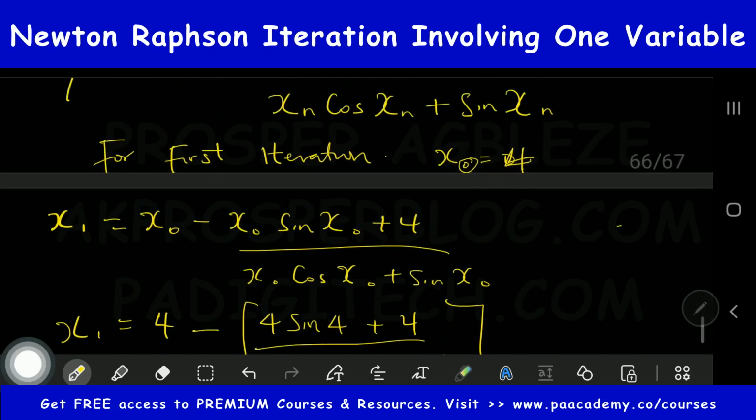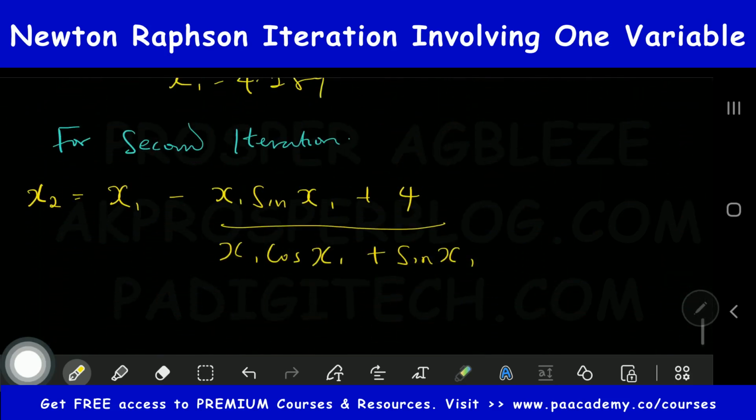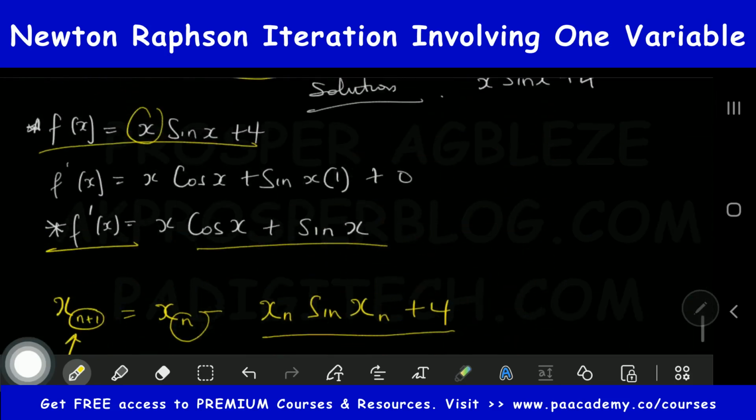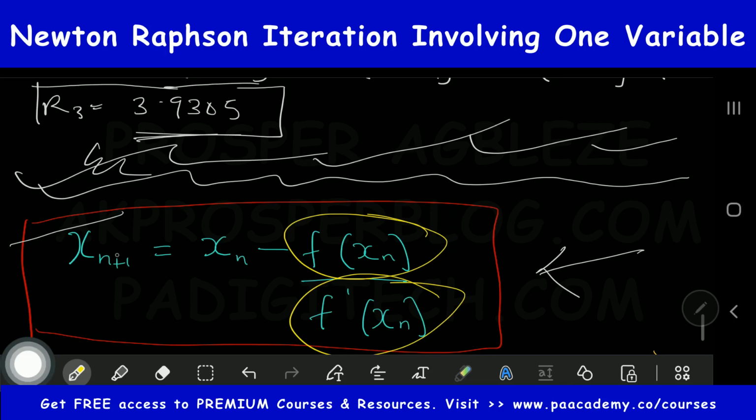Just similar to what we did right here. Now we are doing our second iteration, so it will be x2, and if you look at the initial formula, we have it to be n plus 1.